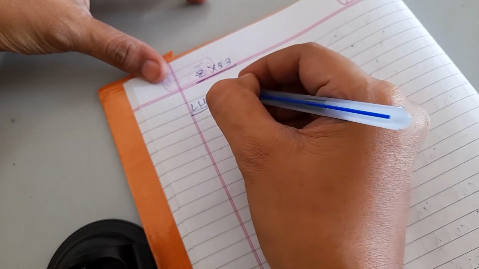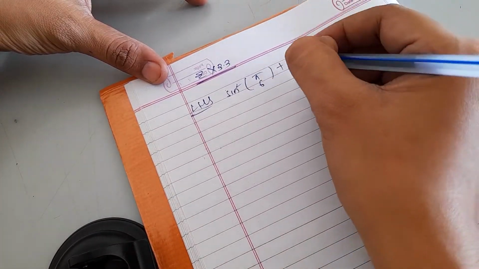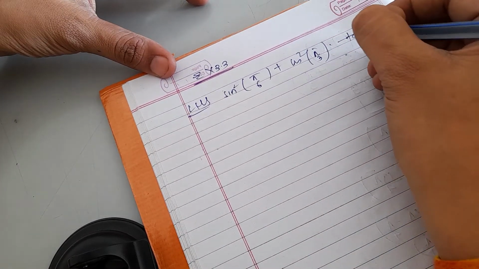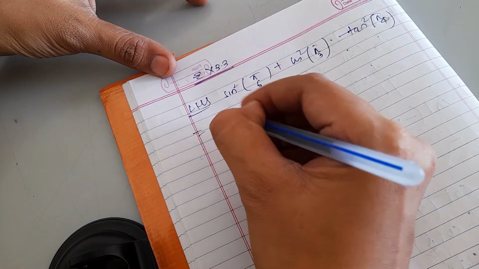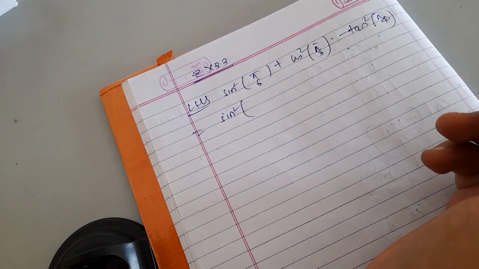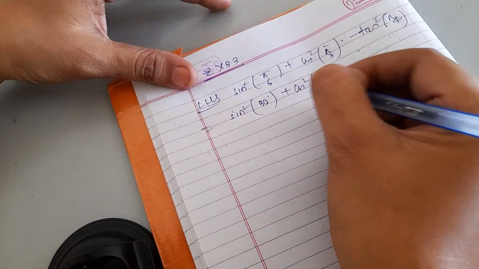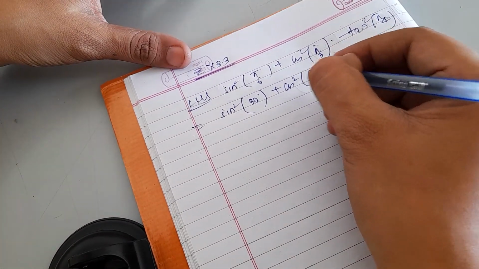LHS is sin square pi by 6 plus cos square pi by 3 minus tan square pi by 4. Now sin square pi by 6 means the degree is 30 degree. 180 divided by 6 gives 30 degree, right? Same way pi by 3 means 180 divided by 3 will give you 60 degree.